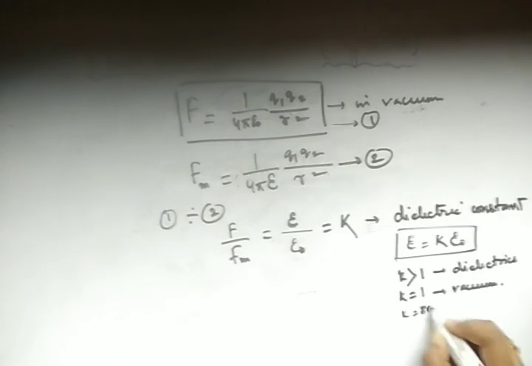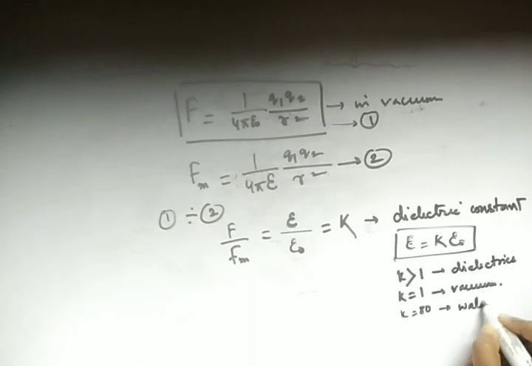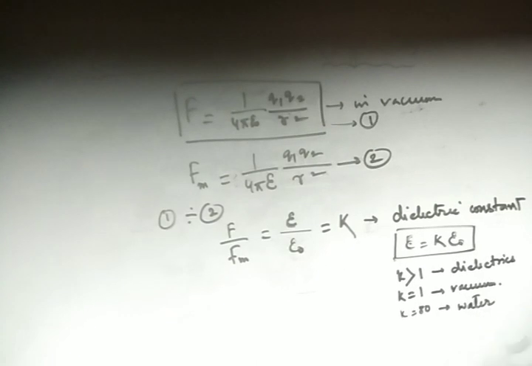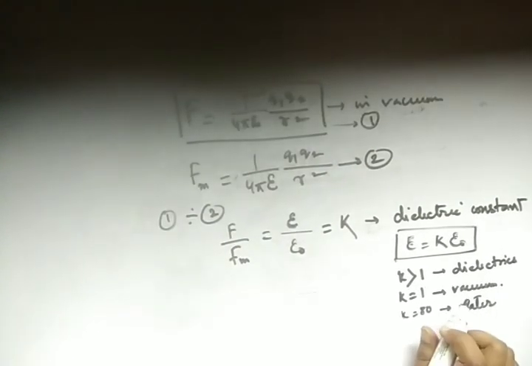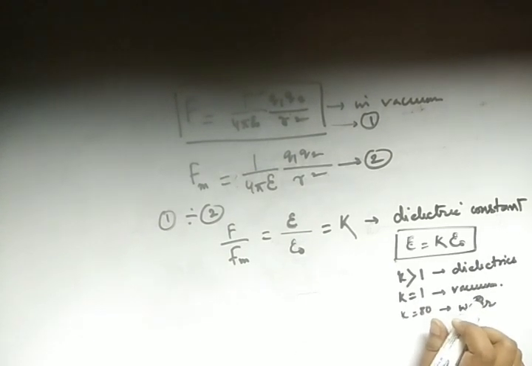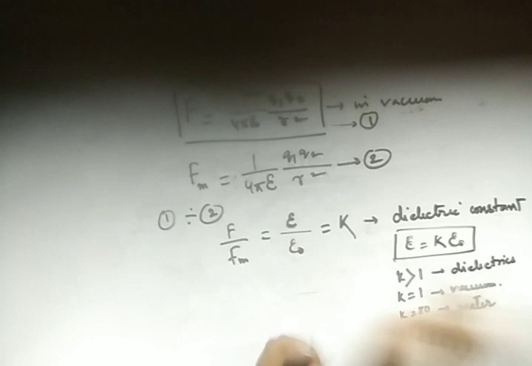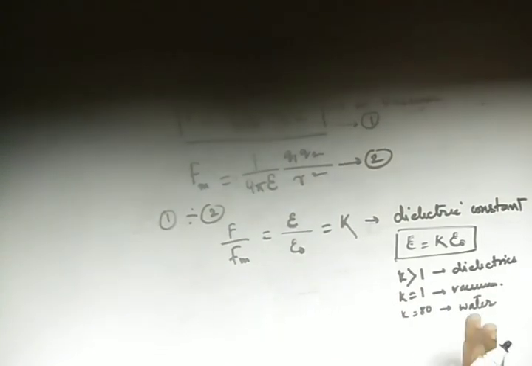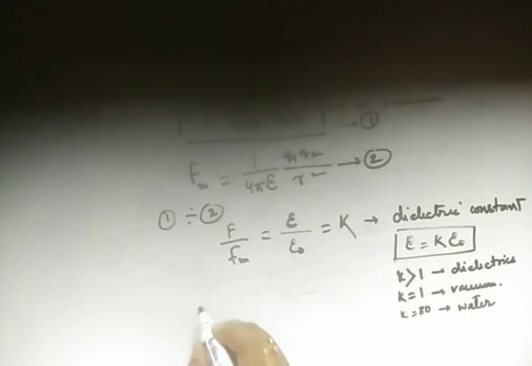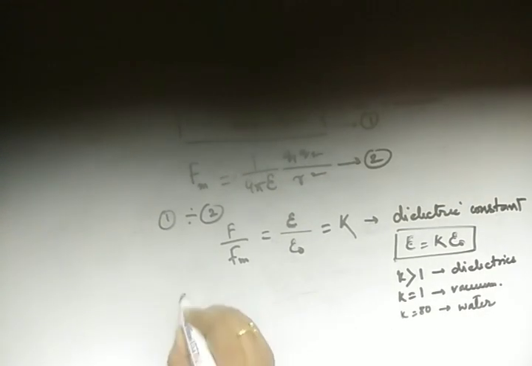K equals 80 in water. In air its value is 1.00054, which is approximately equal to 1 only. So you have to remember these.